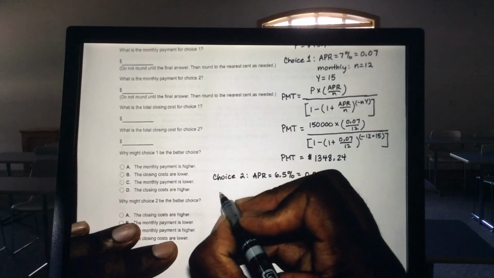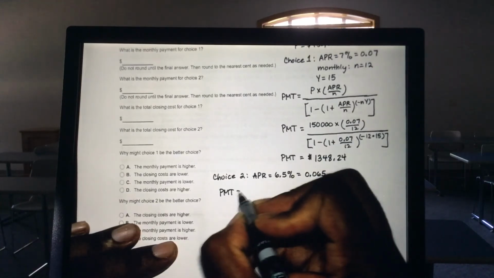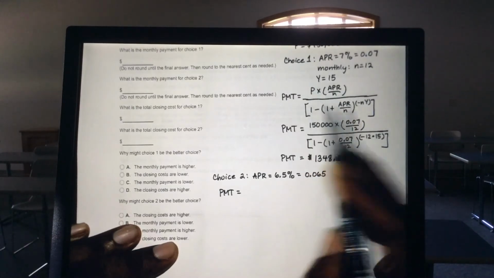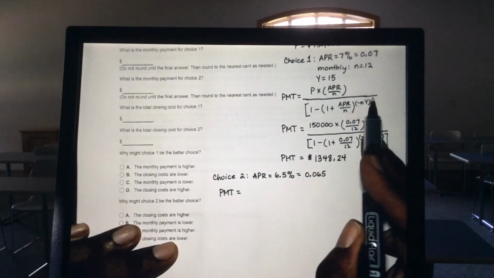So, to find the payment, or PMT, I'm still going to use that same formula, but I'm going to just do my substitution here.